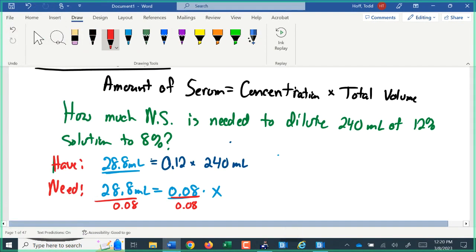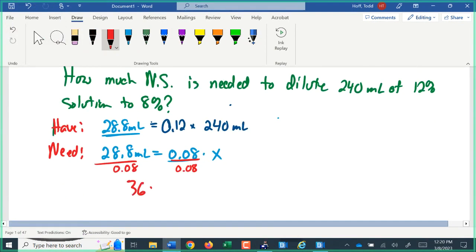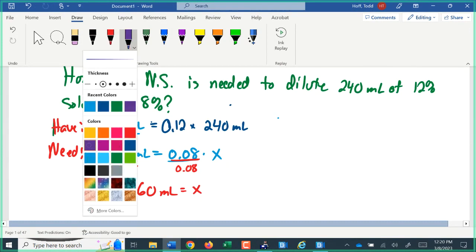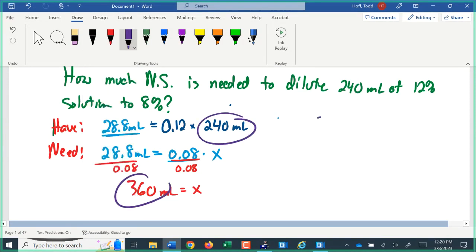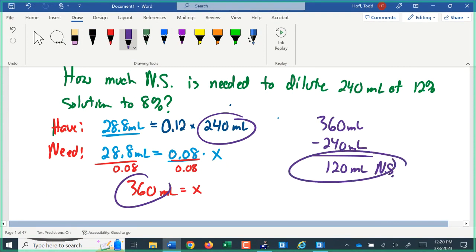It does. So we need 360 milliliters of total solution. Well, we had 240, so 360 milliliters minus 240 milliliters gives us that we need 120 milliliters of saline to make that dilution.